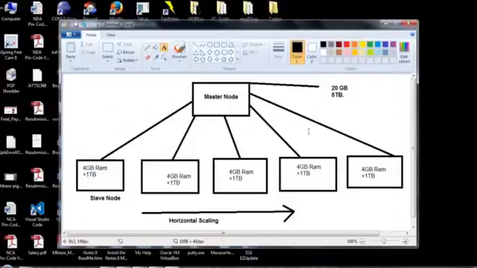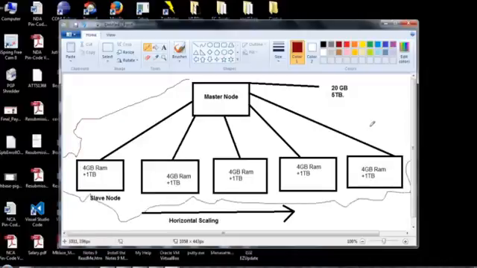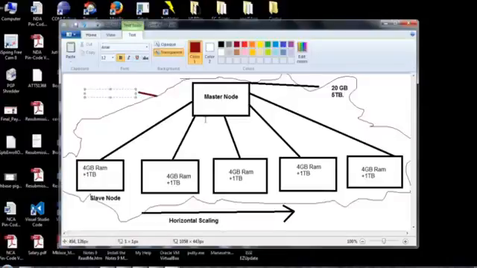Now I'll tell you that this combination of the entire system is called a cluster.